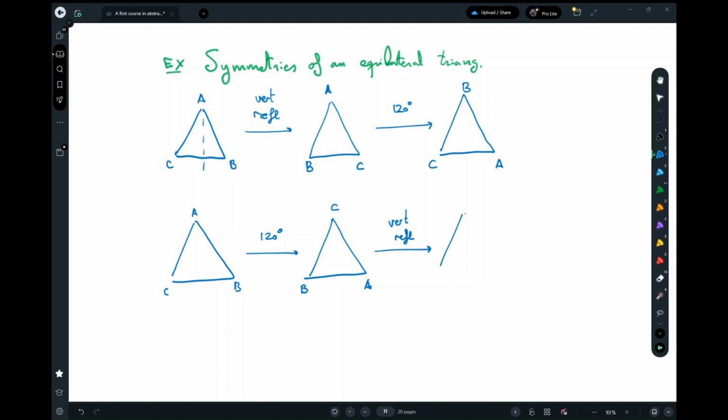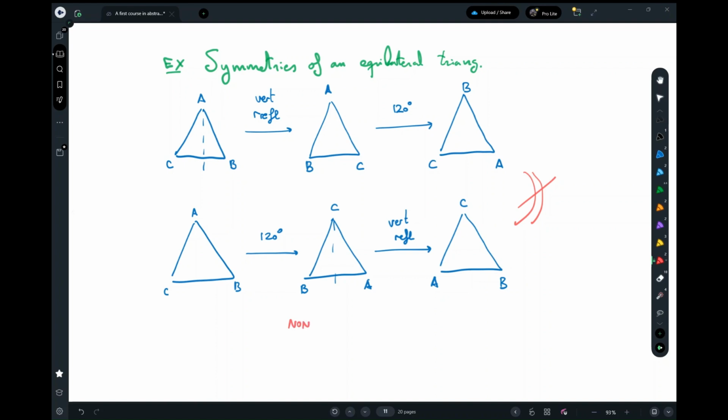So now my vertical reflection will keep C here, and A will be here, and B will be here. And now we see that I ended up with a different triangle by doing the operations in different orders. So what we get here is that this is a non-commutative group. So this is an example.